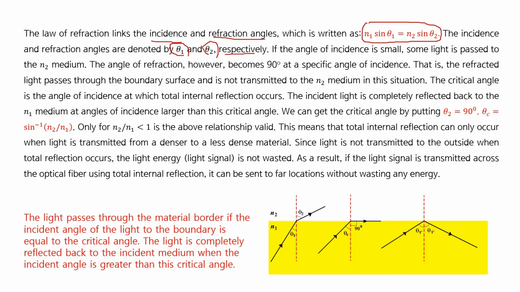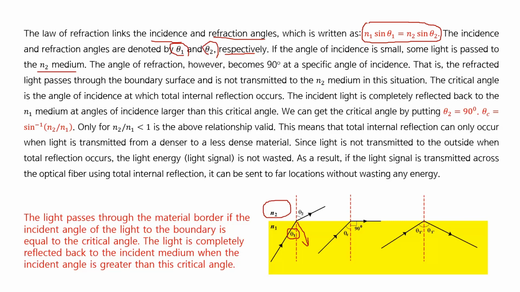If the angle of incidence is small, some light is passed to the N2 medium. So the incident angle is small, then some light is passed through to the N2 medium, and some light is also reflected back to the N1 medium.